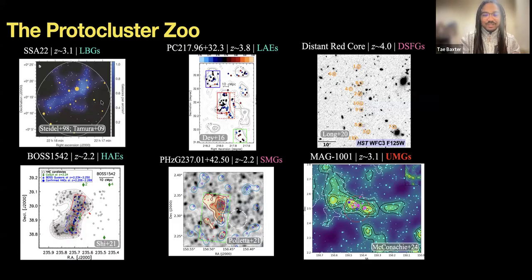But there are also these other ones that are using different tracers. They're also using different fields of view. So these things are enormous and they're not always probing the full structure. Again, this just makes it very difficult to understand what is going on in these structures and get a uniform sample to understand how galaxy properties are evolving in these early structures.